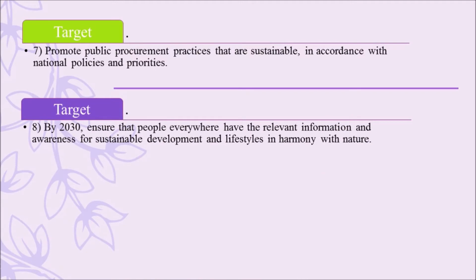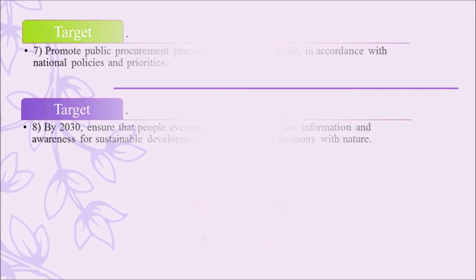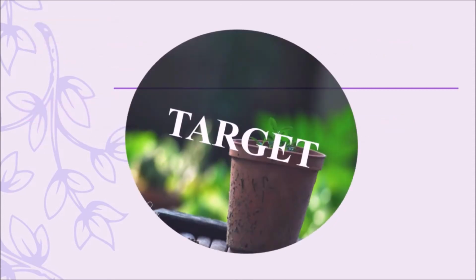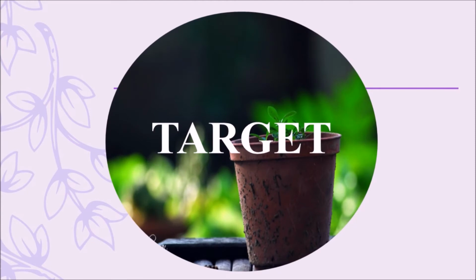By 2030, ensure that people everywhere have the relevant information and awareness for sustainable development and lifestyles in harmony with nature. On a policy basis, this goal focuses on supporting the technological capability of developing countries, leading to more sustainable production and consumption patterns.